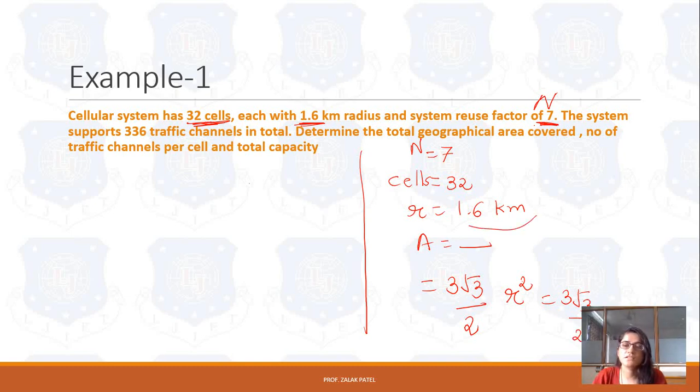Here the radius is given, that is 1.6 kilometer, squared. So this area will be in the kilometer range, and kilometer square will be the unit.